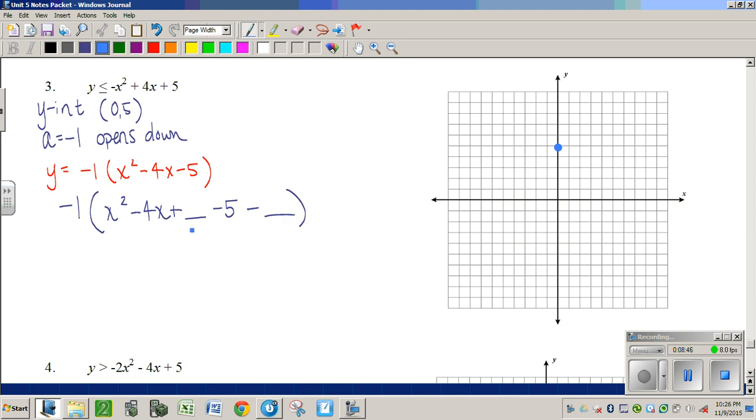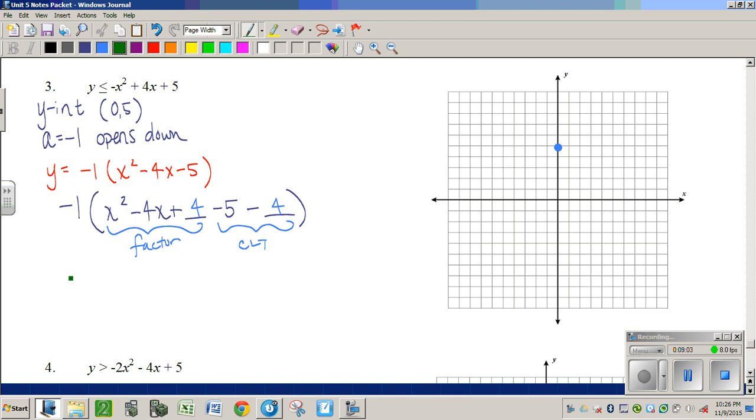Okay, half of b squared. So half of negative 4 is, and then square that. Good, so we're going to put in 4 here. You're going to factor this part, and you're going to combine like terms with the negative 4 and the negative 5 there.